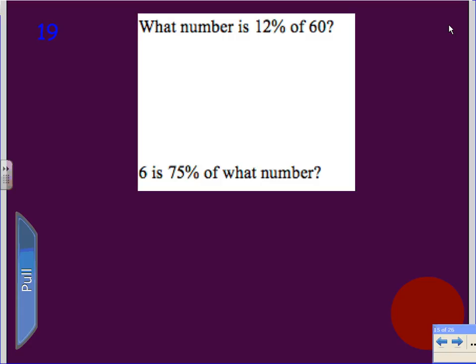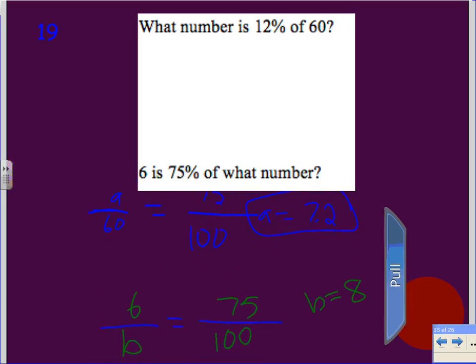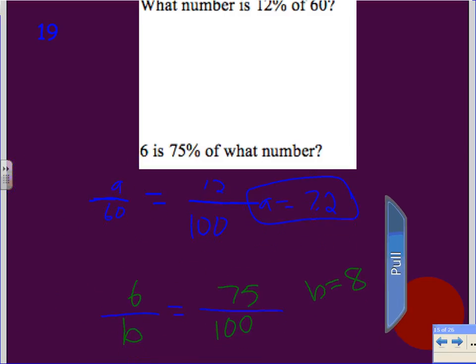Okay, that's right. Good job. Okay, this is kind of hard to see, but it should be A over 60 equals 12 over 100. You get 7.2 for the first one. Let me say that one more time.